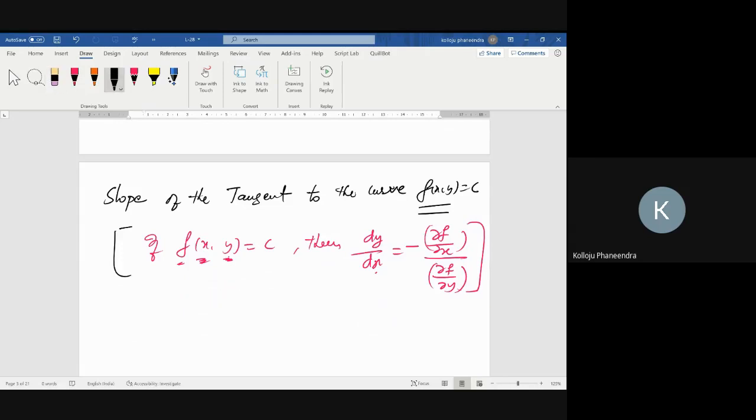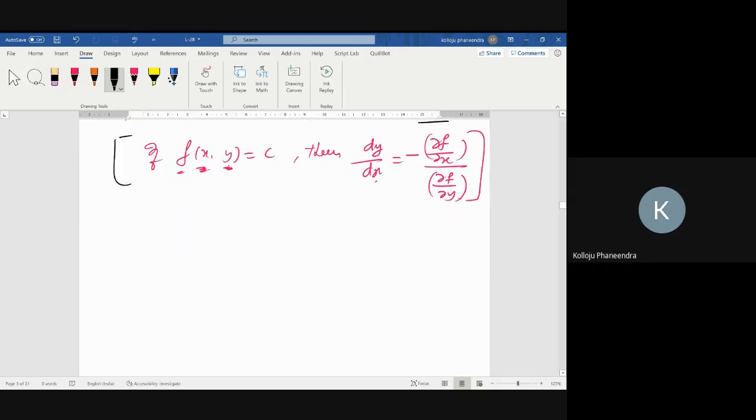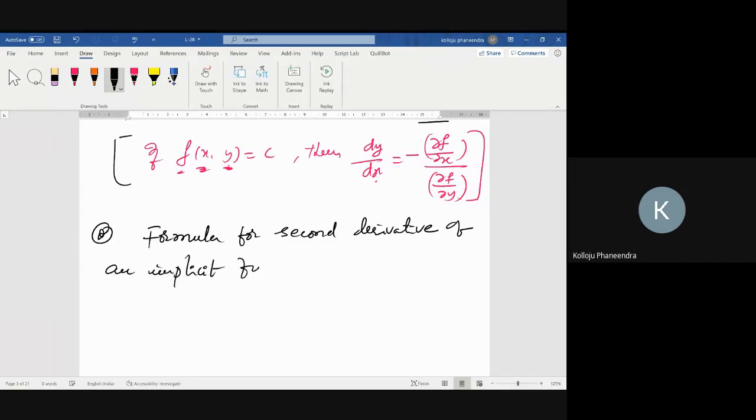Now, after dy/dx, let us calculate the second derivative for an implicit function. What is that? Shall I tell? It's complicated. Okay, let me finish. What is the question saying? This is the formula for the second derivative of an implicit function f(x, y) = c or 0.